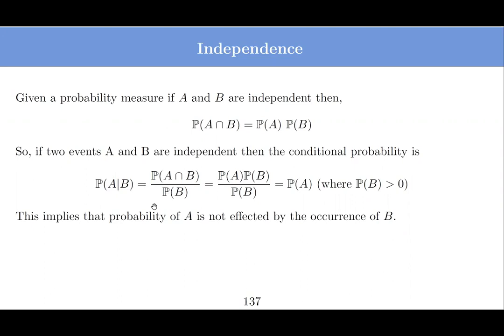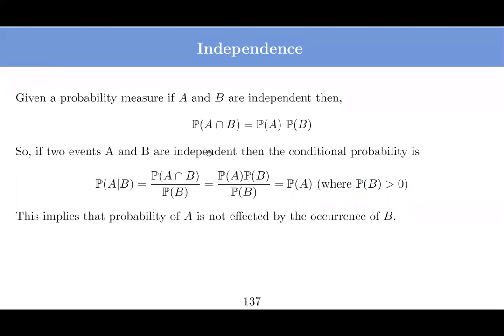That is why they are called independent: when you condition that B has occurred and then ask what is the probability of A occurring, it is the same as if you had not conditioned. So that is why we say independence. Both are valid formulas.